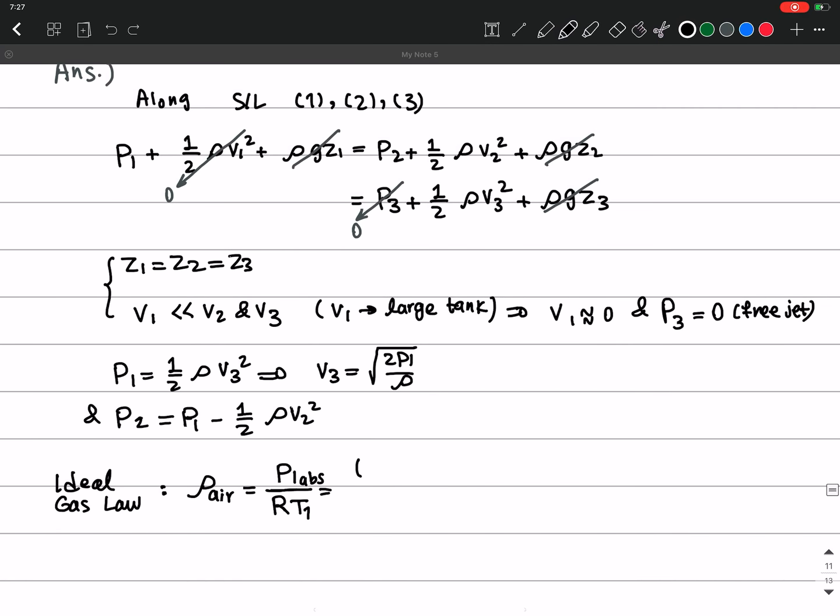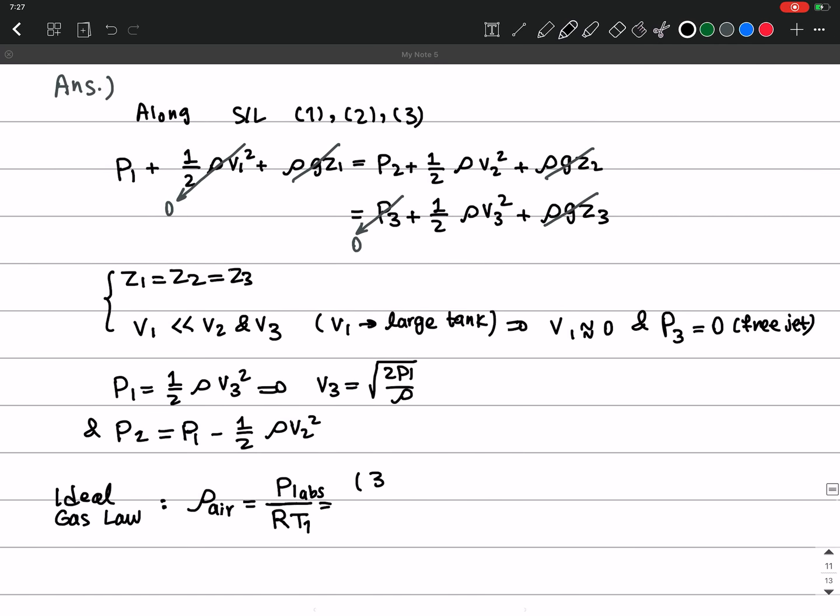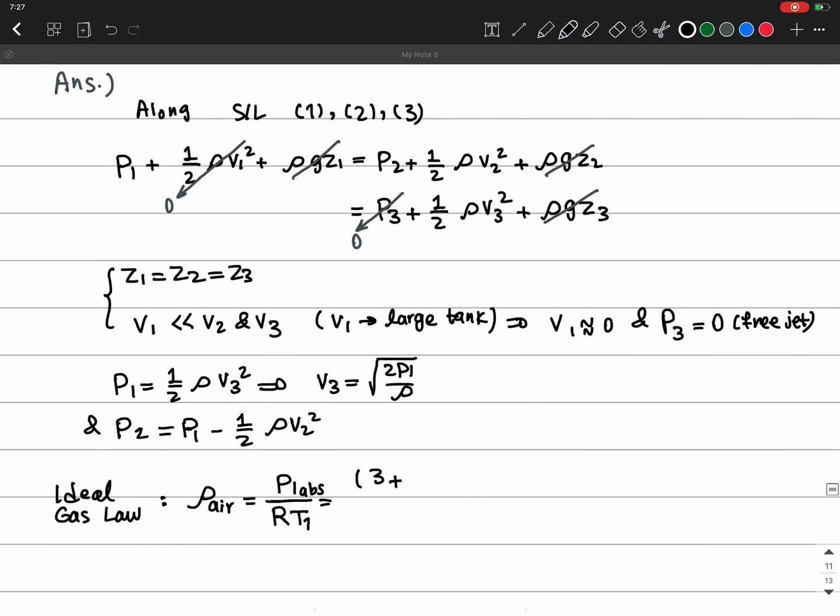In theory, it would be the 3 kilopascal that I have from here plus the reference pressure, the atmospheric pressure, which is 101 kilopascal. So this is the P0 or P atmosphere.